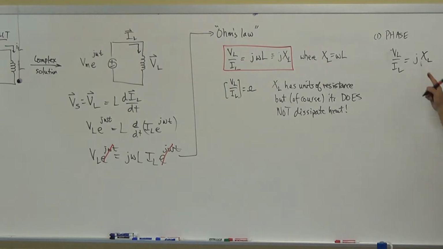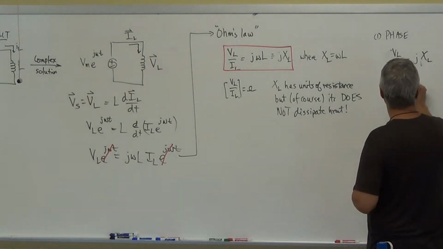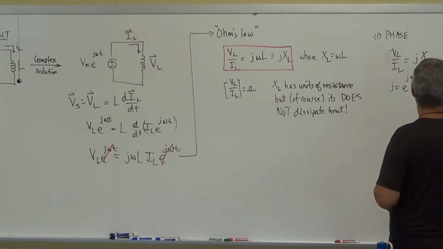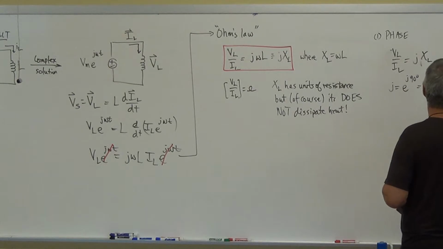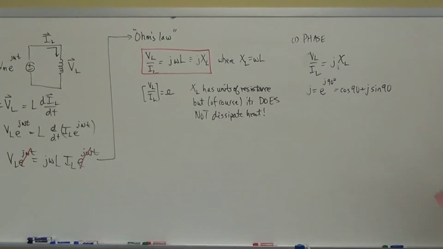And anytime I see that j term, I have to put it into phasor form. So j is equal to e to the j 90 degrees, because remember, according to Euler's relationship, cosine goes to 0, sine of 90 is 1, so I write it like this.